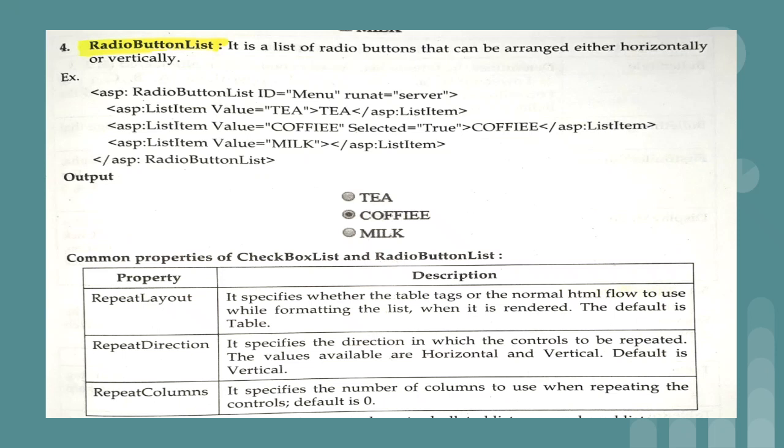Then when we set the repeat direction to horizontal, the elements will be assigned to 3 columns horizontally. Like that you will get the output. You will come to know about this in the practical session. So these are the common properties associated with the checkbox list and radio button list.